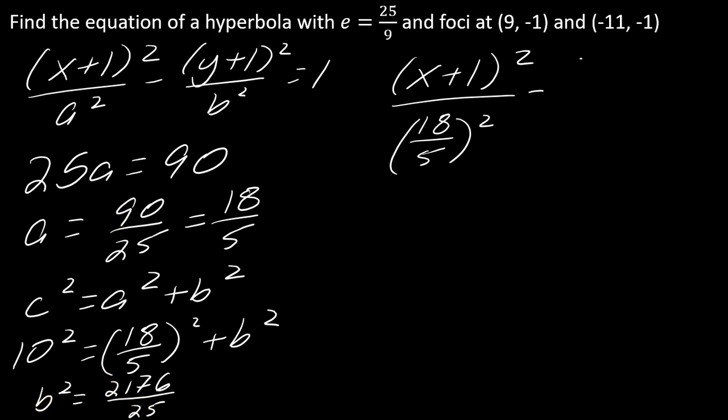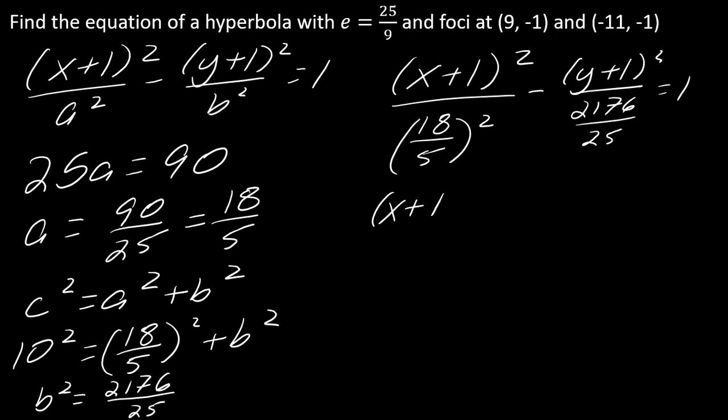So this is going to be minus y plus 1 squared over 2176 over 25 equals 1. I talked about this trick, I think, in my last equation writing video. So this becomes x plus 1. Let's see, 18 squared is 324. So this is 324 over 25.